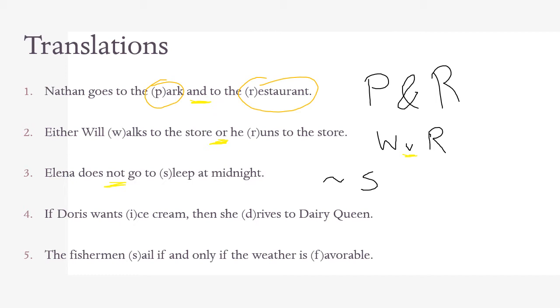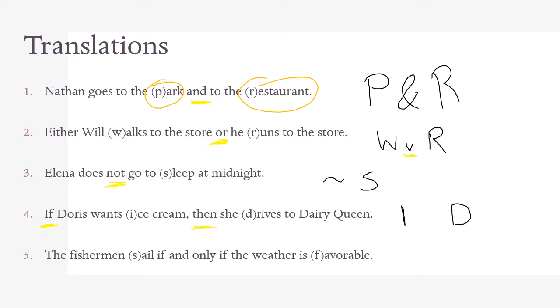Looking at the fourth one, if Doris wants ice cream, then she drives to DQ. So we see there is an I for ice cream, and we see there's a D for drives to Dairy Queen. So now let's go back through and see what our operator is, and right off the bat, we can see it's an if then.